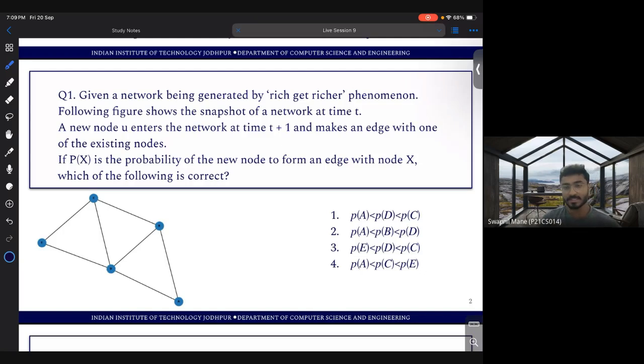Considering this scenario, I hope you have understood the question very well.